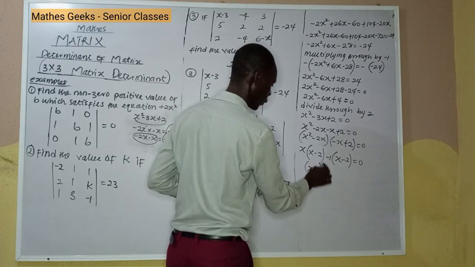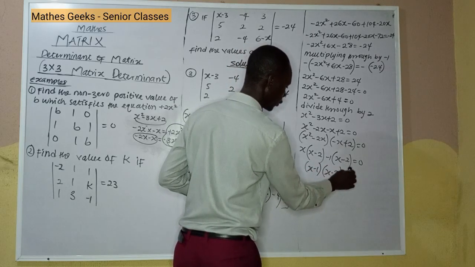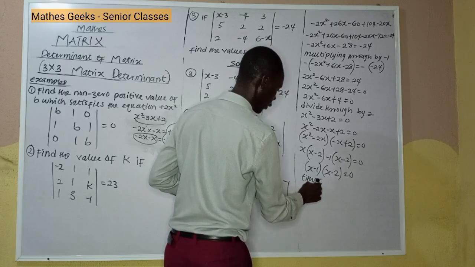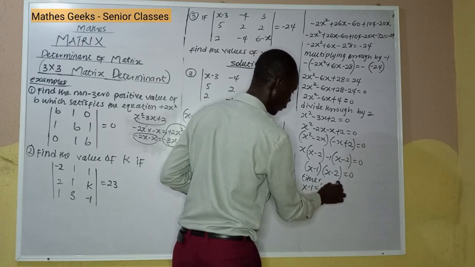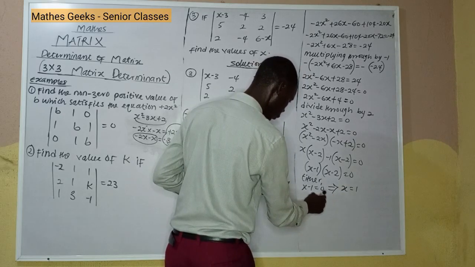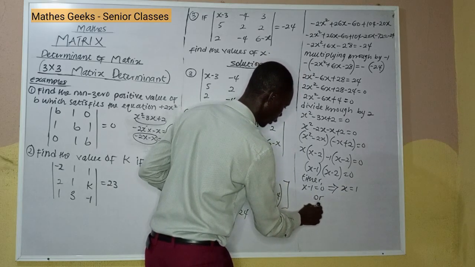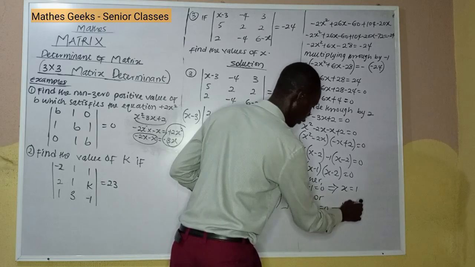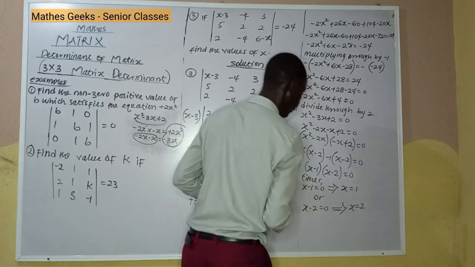So x minus 1 and x minus 2 equals 0. Either x minus 1 equals 0, which implies that x equals 1, or x minus 2 equals 0, which also implies that x equals 2.